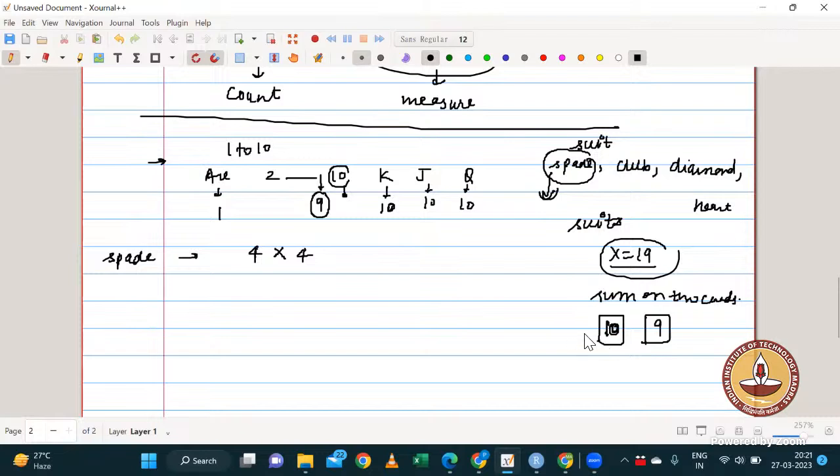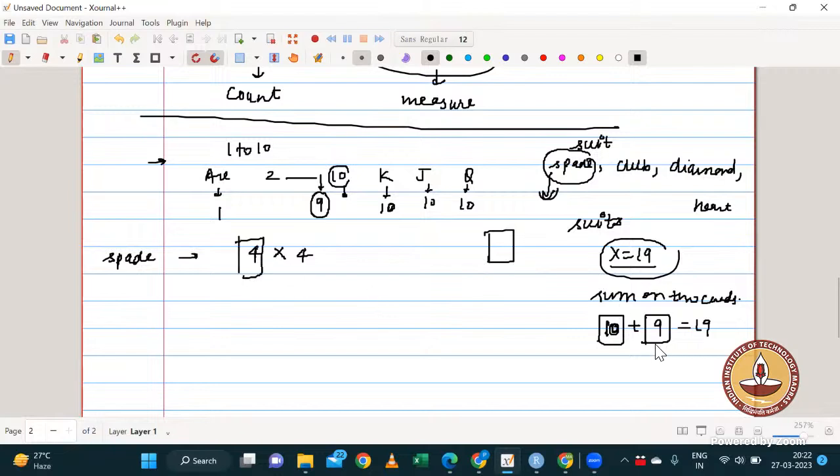How many ways? 4. Are you getting my point? For the sum to be 19 on both cards, the first card should be 10. So in how many ways will you get 10? That's what I'm asking you. King, queen, jack, and 10. 4, I think. Okay.